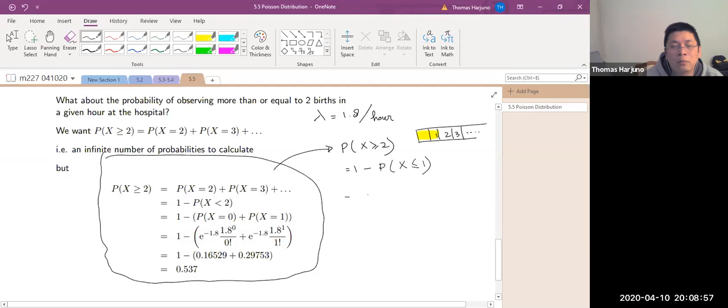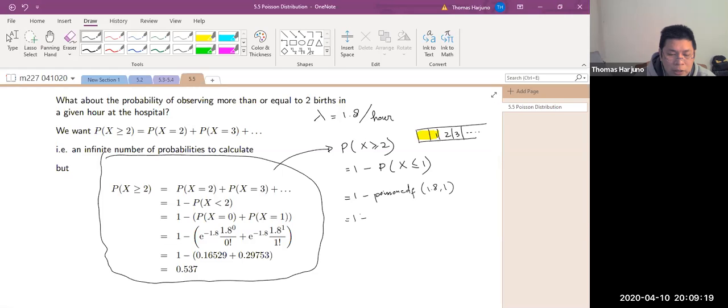That's 1 minus Poisson CDF with 1.8 and 1.